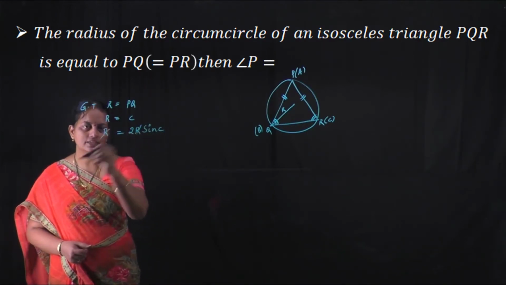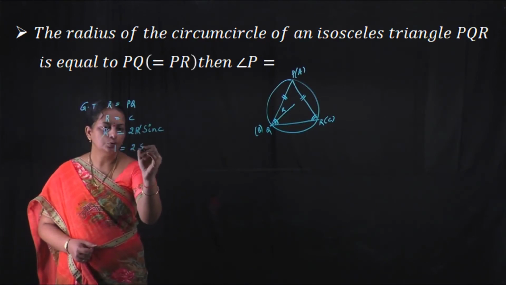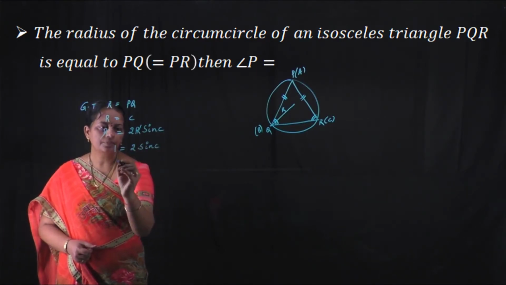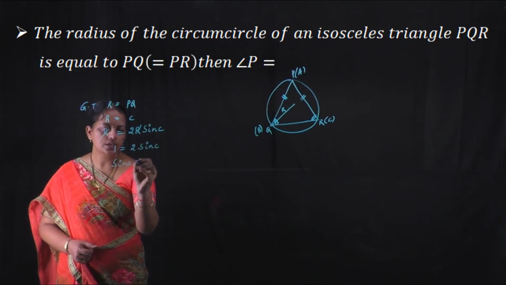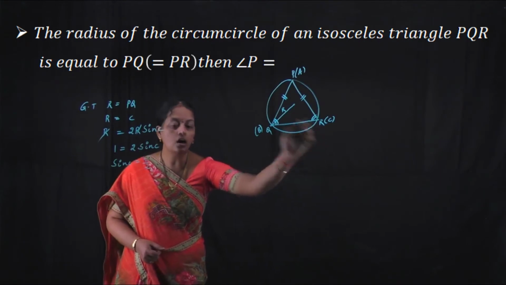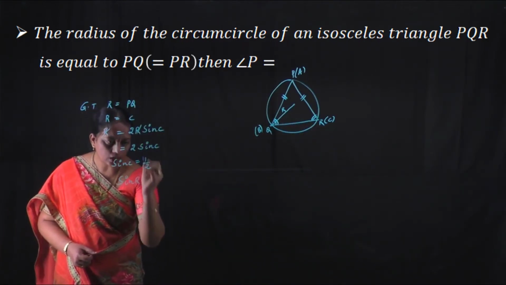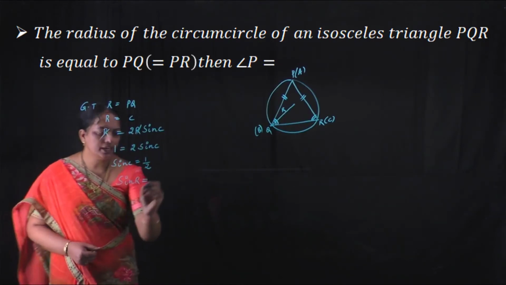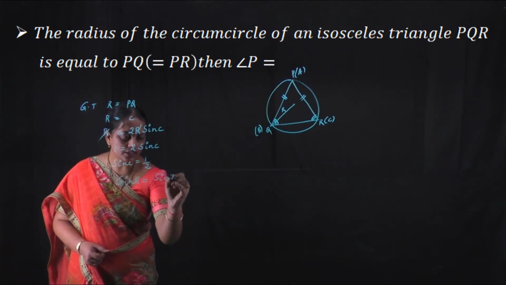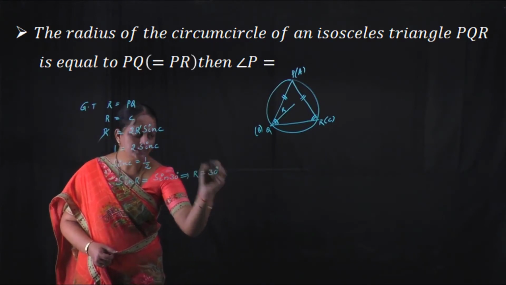On both sides capital R gets cancelled and we get 1 equals 2 sine C. From this we can write sine C is equal to 1 by 2. Since C means angle R, sine of angle R is equal to 1 by 2, which is sine 30 degrees. From this we can write R is equal to 30 degrees.